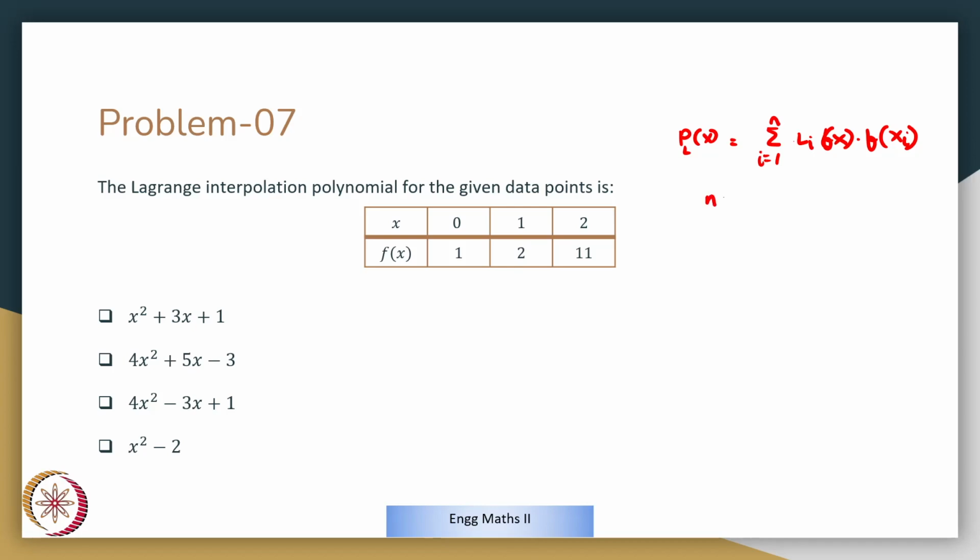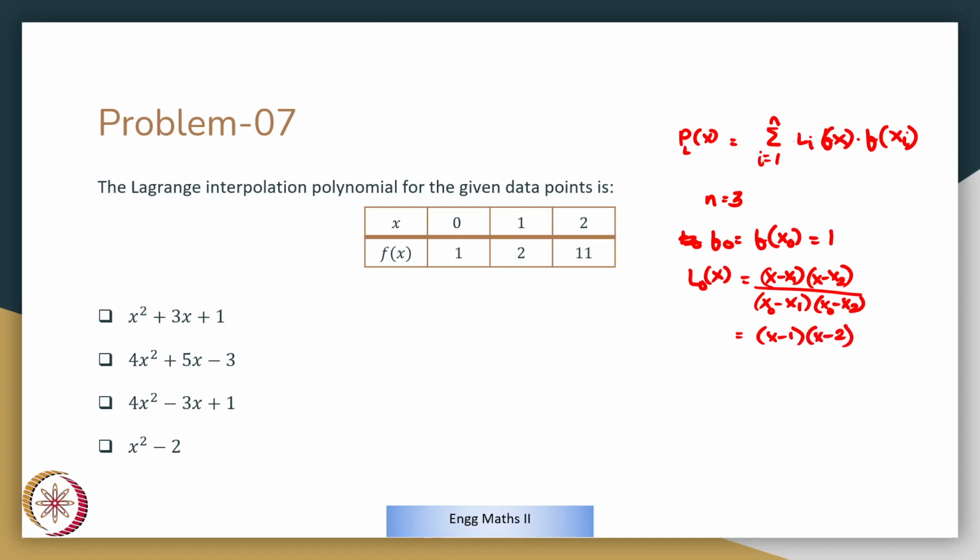In our case, n equals 3 and f0, which is nothing but f of x0, is equal to 1. L0 of x equals (x minus x1)(x minus x2) upon (x0 minus x1)(x0 minus x2), which gives us (x minus 1)(x minus 2) upon (0 minus 1), which is minus 1, into (0 minus 2), which is minus 2.